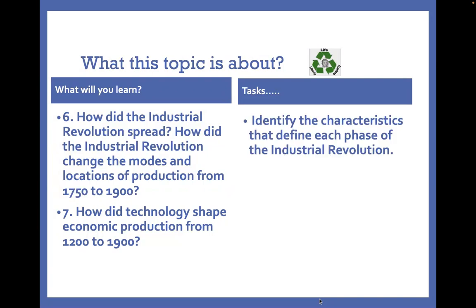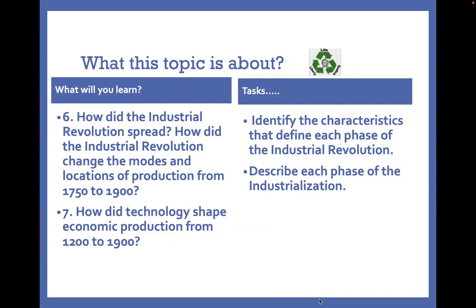So we identified the characteristics that define each phase of the Industrial Revolution in the first video. We're focusing on basically where and when, main industries, sources of power, and technologies. This is the second video where we focus on a phase.